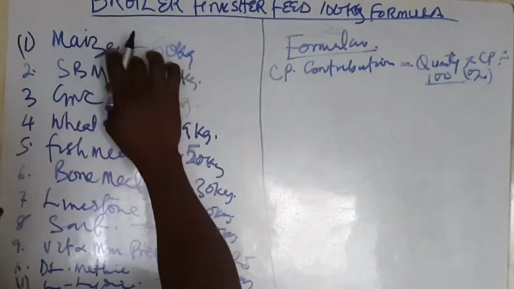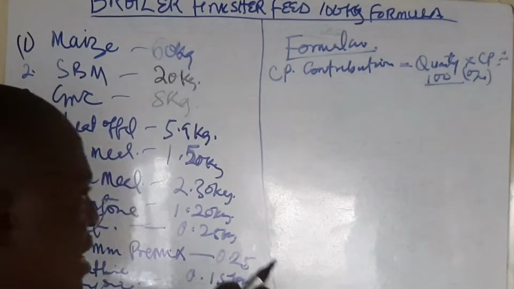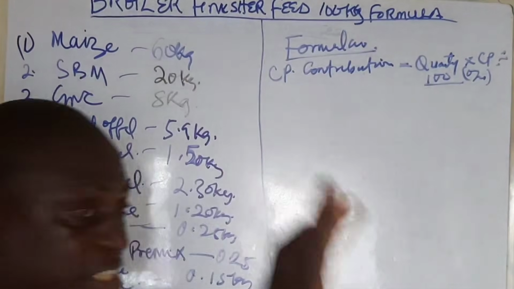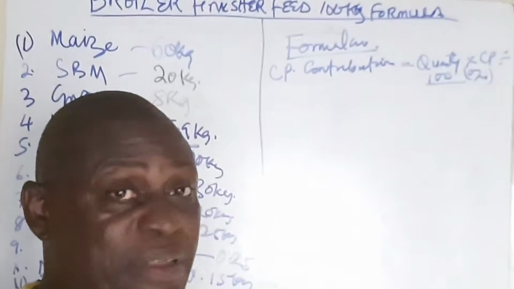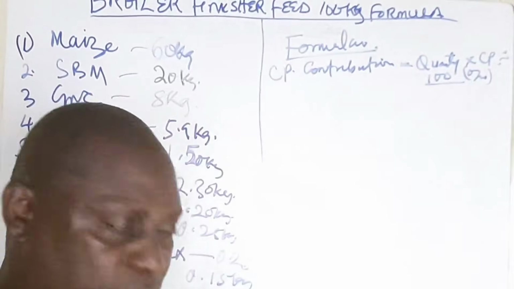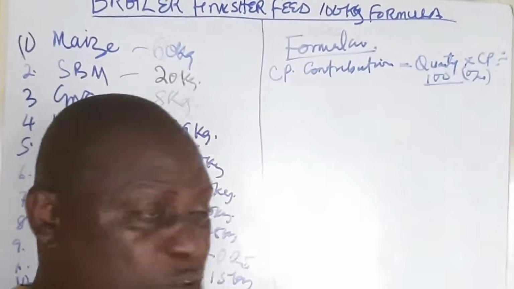Now, what is the crude protein content of maize? Maize is 8.5% crude protein. That's the natural, if the maize is properly prepared. It's not the one that has been eaten by all these rodents and mites. No. Quality corn will give you 8.5% crude protein.